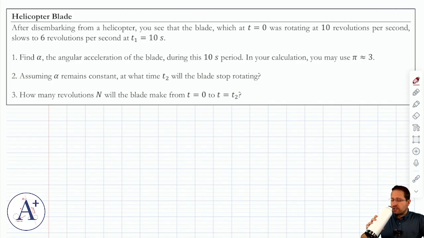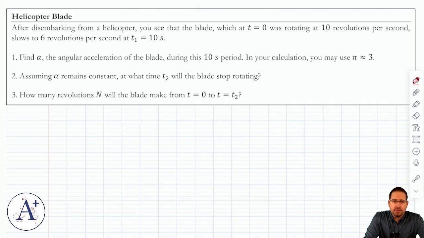All right, let's look at this problem here. You disembark from a helicopter, and at t equals 0, the blade is rotating at 10 revolutions per second, and then it slows to 6 revolutions per second after 10 seconds.